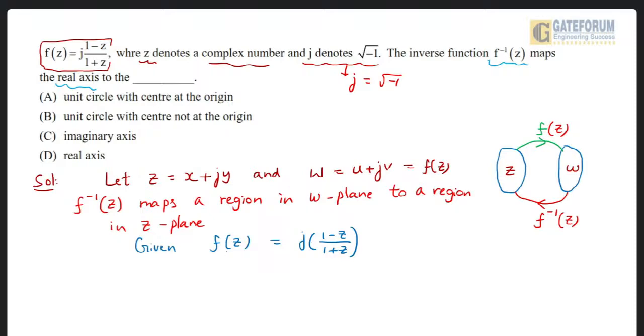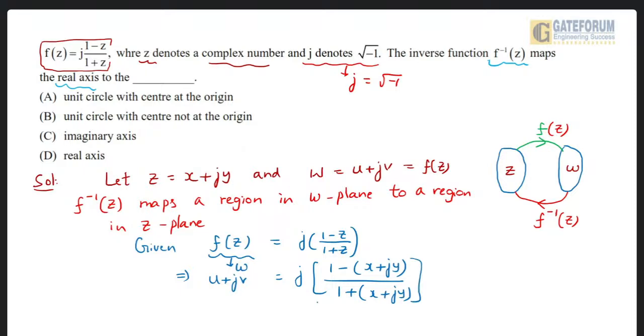F of Z is nothing but W. So W is u plus jv, and this is j times 1 minus z, where z is x plus jy, divided by 1 plus z, 1 plus x plus jy. Now separate the real and imaginary parts.